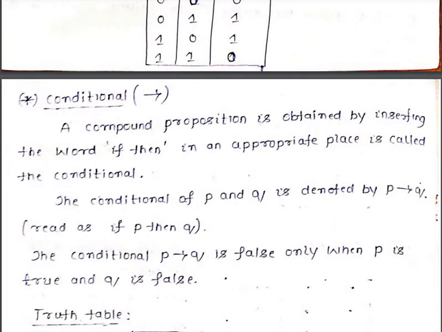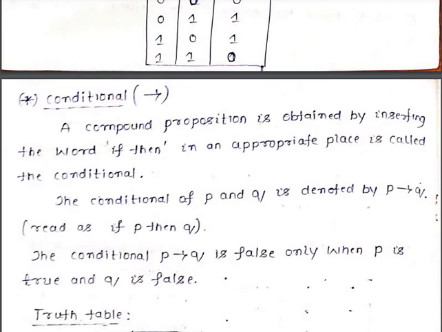So a condition is applied here. Any conditional statement where you see "if then" is called conditional. The conditional of P and Q is denoted by P conditional Q, and you can read it as if P then Q. If P happens, then only Q will occur. It means the same.